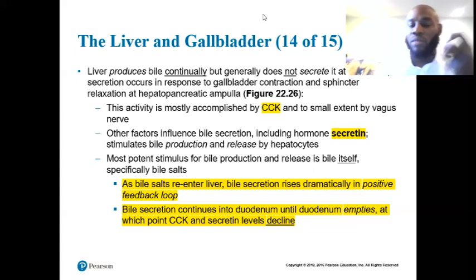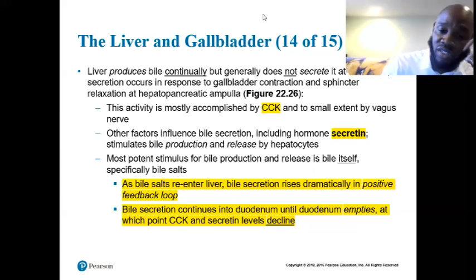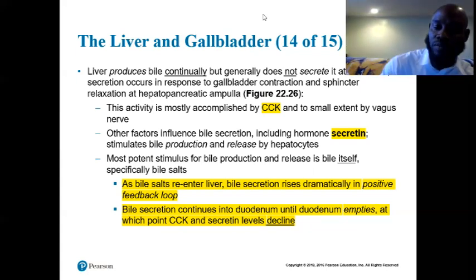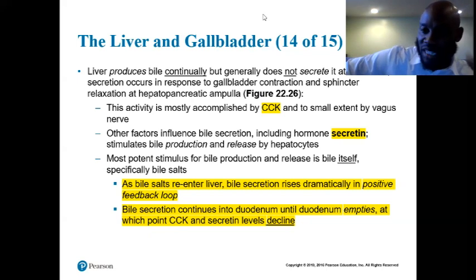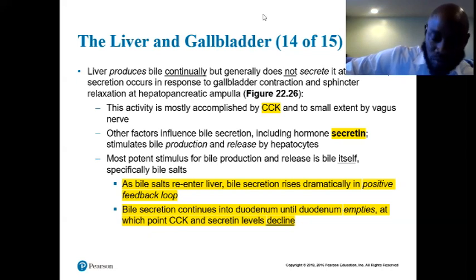Right, so the stimulus for the CCK and secretin levels, remember, is acidic substances, food coming in with partially digested proteins, also that acidic chyme coming into the duodenum.